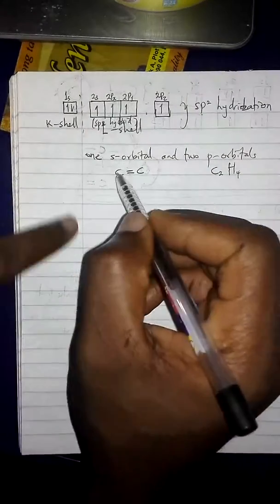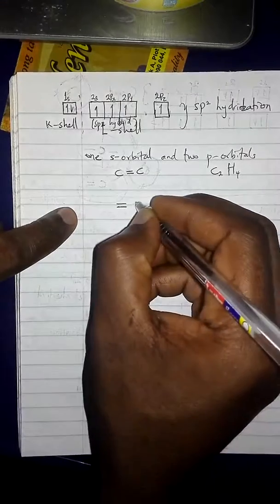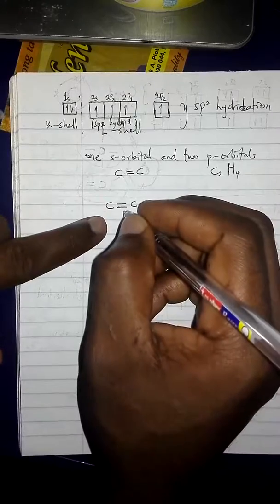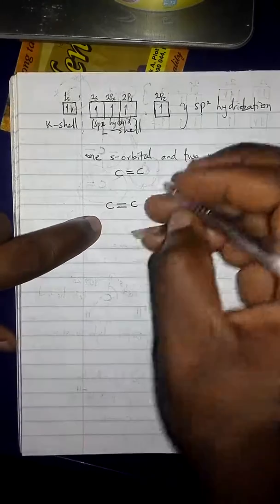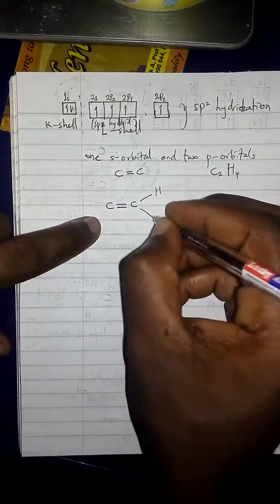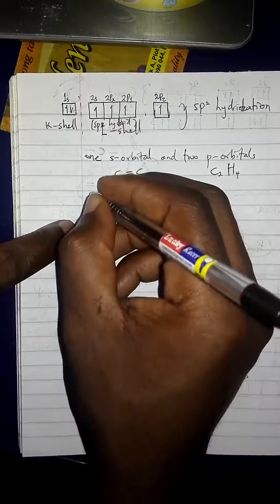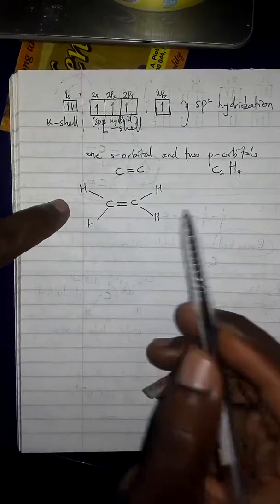It has a carbon to carbon double bond. So the structure is like this: carbon to carbon double bond, sp2 hybridized carbon atoms. Then you have hydrogen attached to this, hydrogen attached to this, hydrogen attached to this, and hydrogen attached to this. So that's a planar shape.